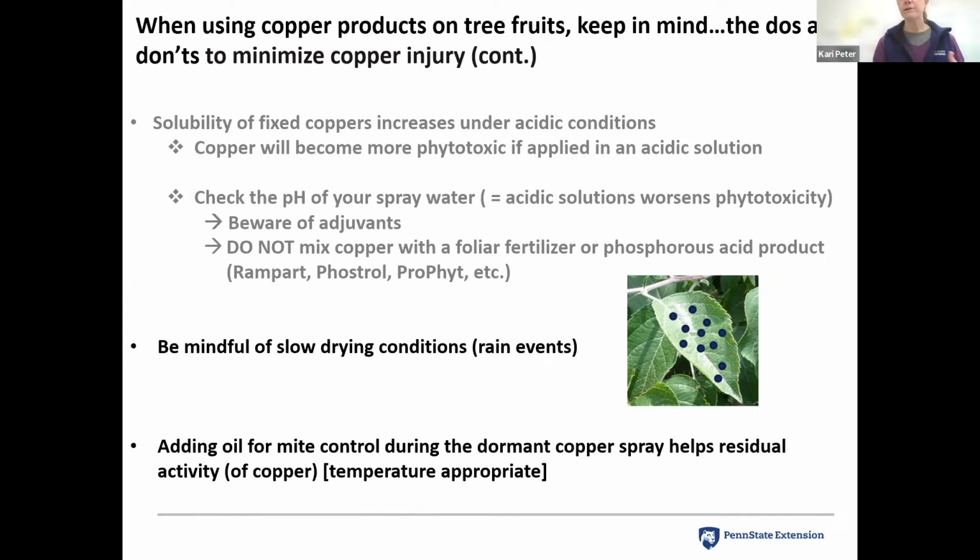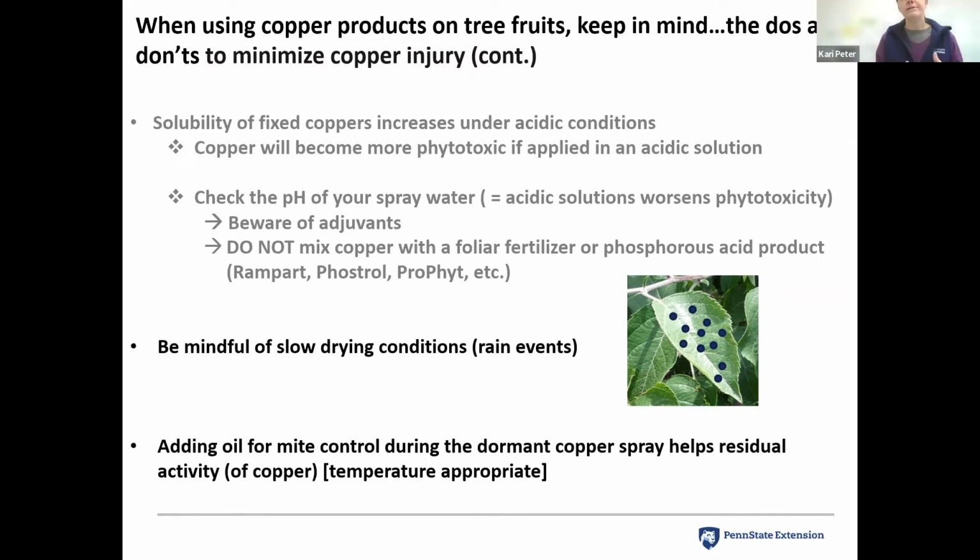If copper is being applied repeatedly, those older leaves are going to take a beating, because you have copper layer on top of copper layer on top of copper layer, and then you'll see the youngest leaves look great. That's the reason you see differences in phytotoxicity on peach trees: the layering of copper being applied.